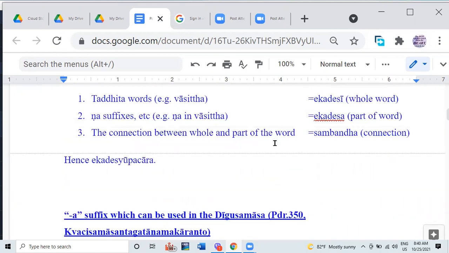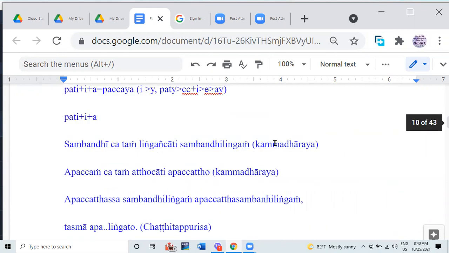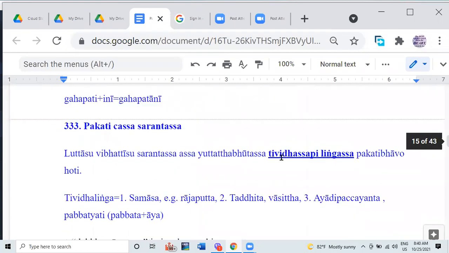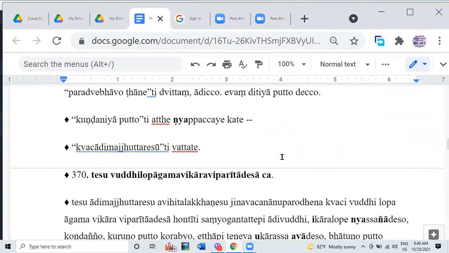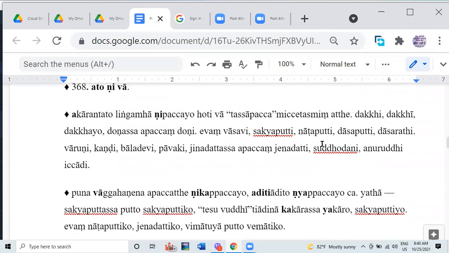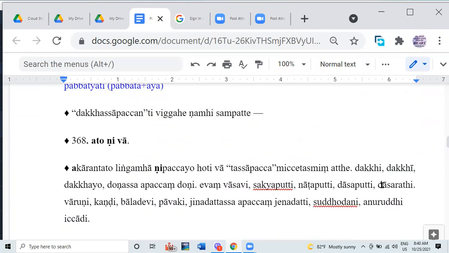Whenever we see suffixes with na consonant, na nubanda, that is how this analysis must be used. So here also, Daka plus na suffix after Daka, and then the na consonant is dropped.